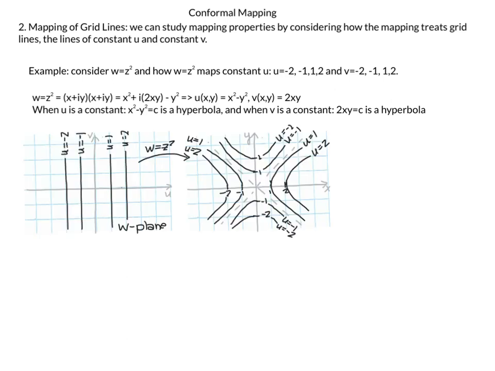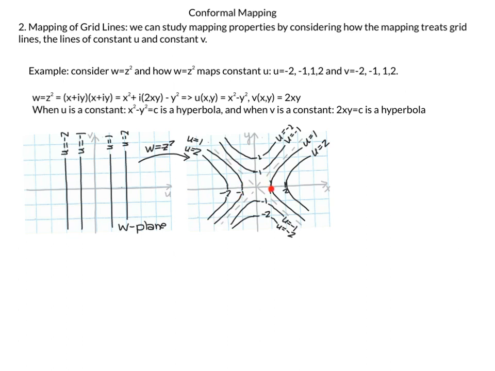And here I have my graphs. I have my u and v axes in my w plane. I have u equals negative 1, u equals negative 2, u equals 1, and u equals 2. When I map them, u equals 1 is the hyperbola x squared minus y squared equals 1, and that's this hyperbola here and this hyperbola here.